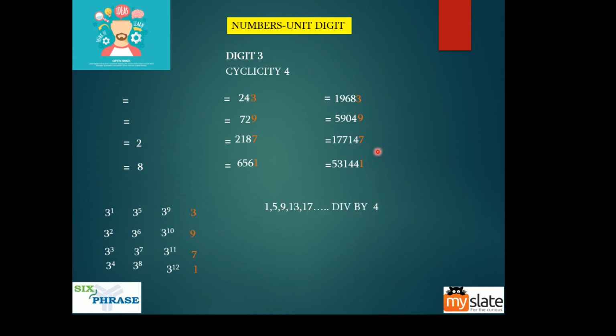So 1, 5, 9, 13, 17 divided by 4, you know what those numbers are. Yes, you get the remainder of 1.